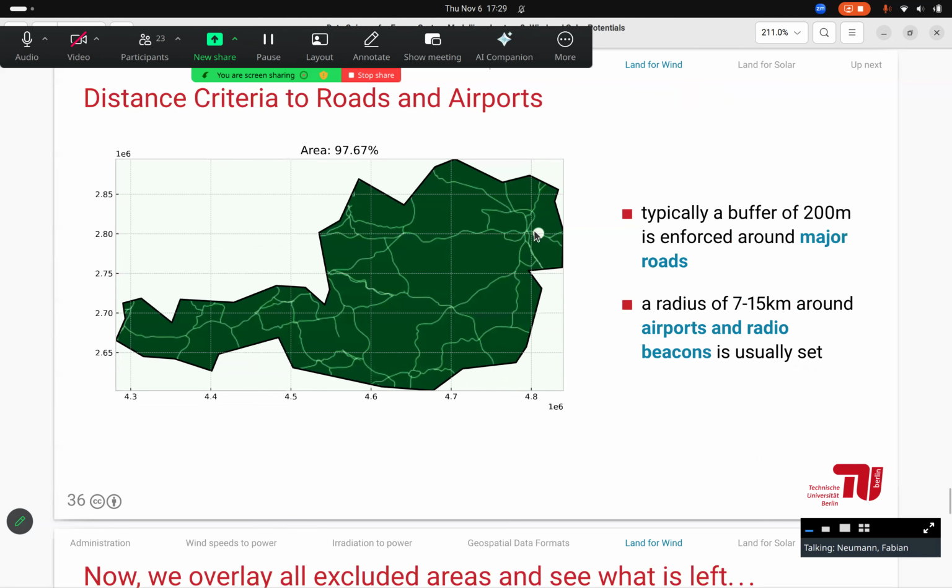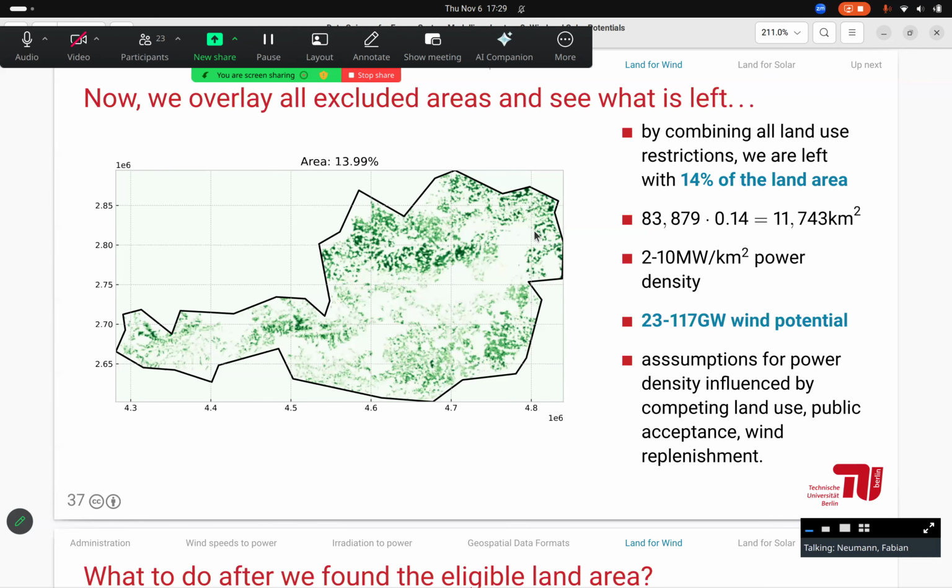So we looked at several individual criteria now, and now our job is to stack on top of each other each of the different exclusion criteria. If among all the exclusion criteria that we consider, for one particular cell one of these exclusion criteria applies, that shows up as white here, and green are the remaining bits where none of the criteria we looked at excluded the area.